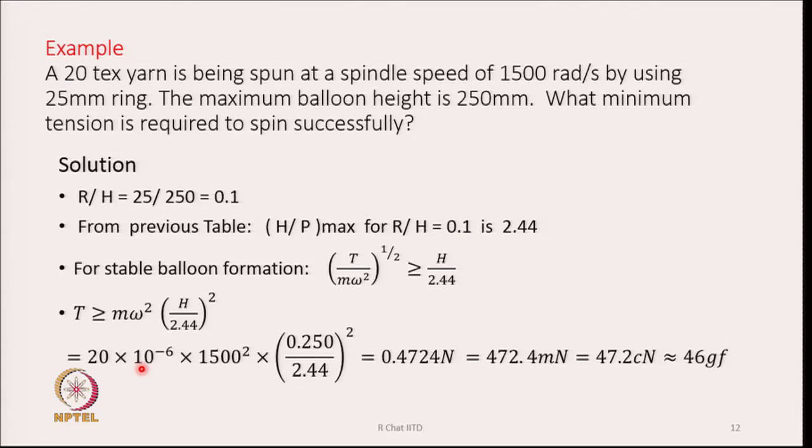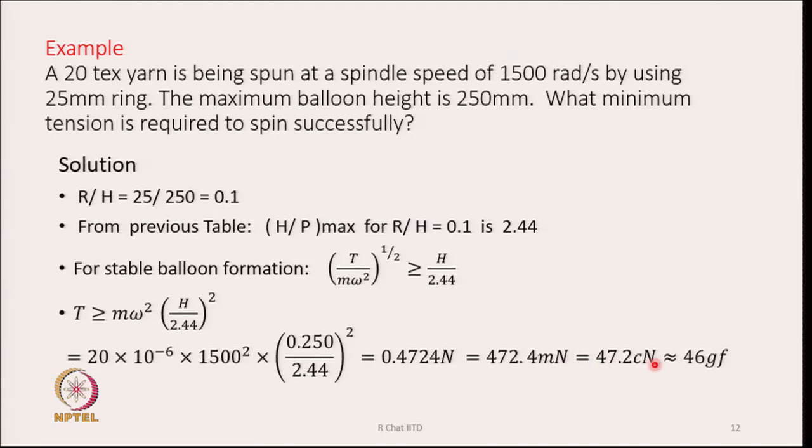So, we have to convert it into kg, so 20 into 10 to the power minus 6. Omega is 1500, so 1500 square, and then H in terms of meter is 0.25, and then 2.44. If we do this, we arrive at this figure: 0.472 Newton.